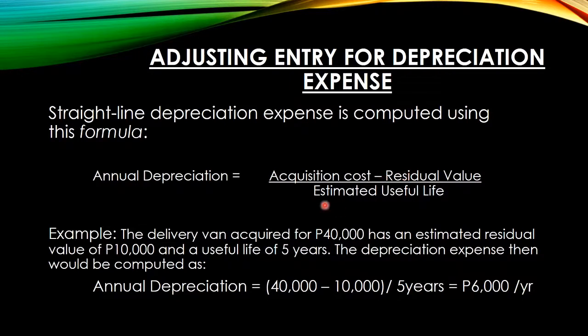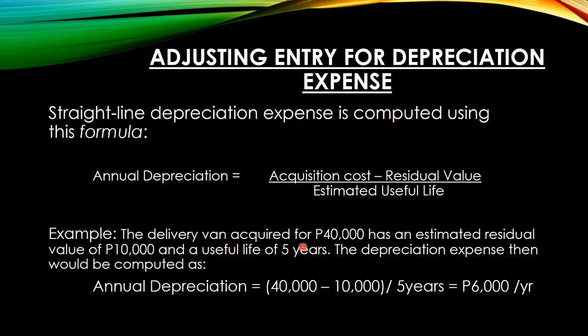Okay, let's have an example. The delivery van acquired for 40,000 pesos has an estimated residual value of 10,000 pesos. So the acquisition cost is 40,000 and the residual value is 10,000 pesos. You just substitute the amounts: 40,000 minus 10,000. And the useful life is 5 years, so you divide that by 5 years.